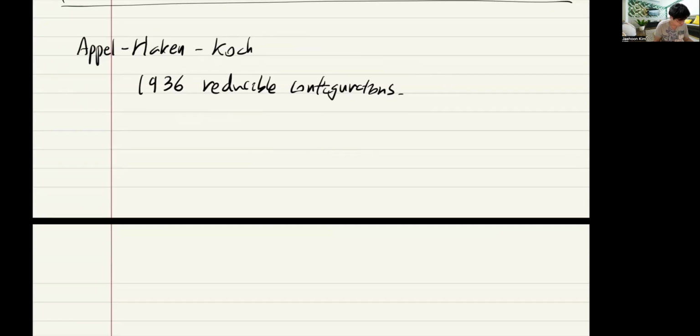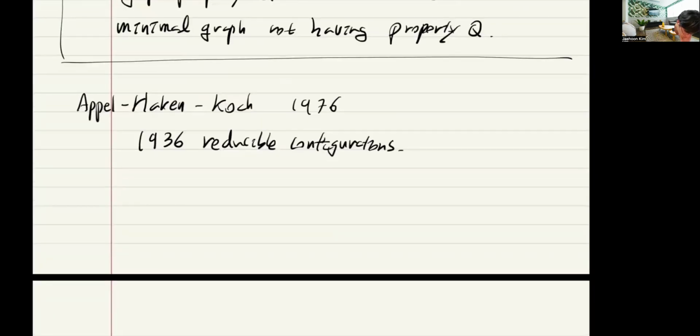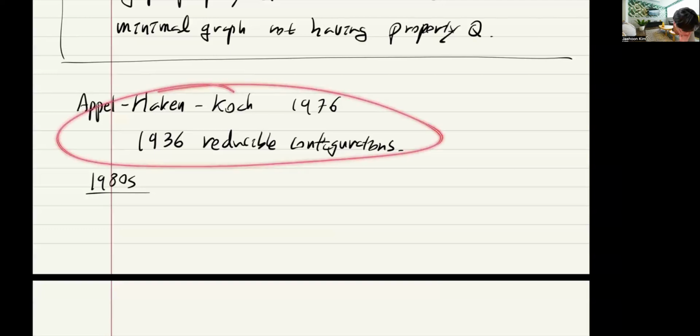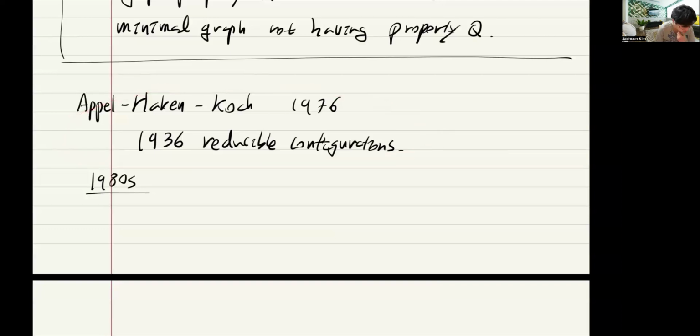So here, this was 1976. In 1980, some rumor had spread that there is a mistake in the proof, a flaw in the proof.